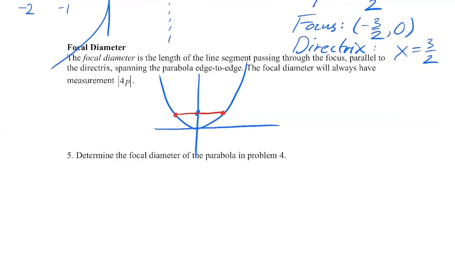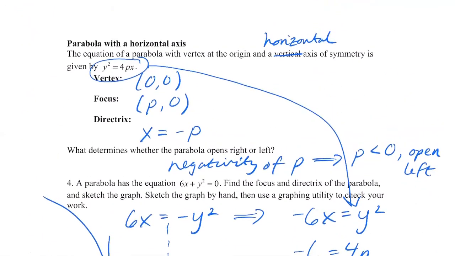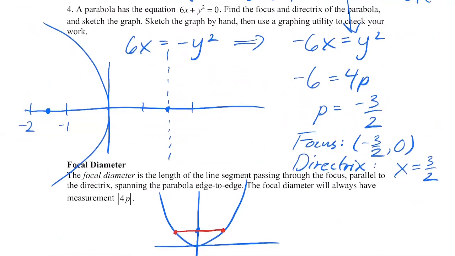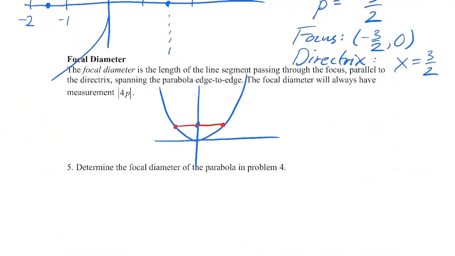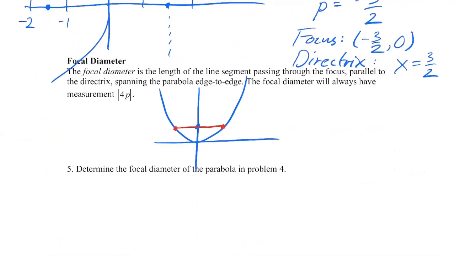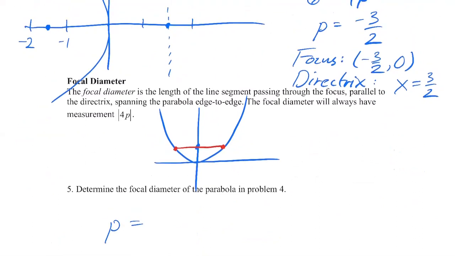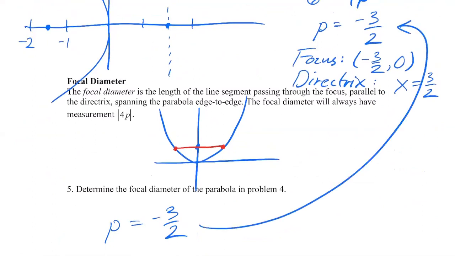Determine the focal diameter of the parabola in problem 4. Okay, so we had a p-value of -3/2, referencing back there.